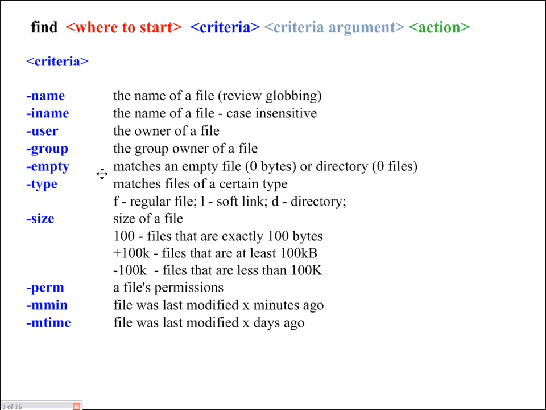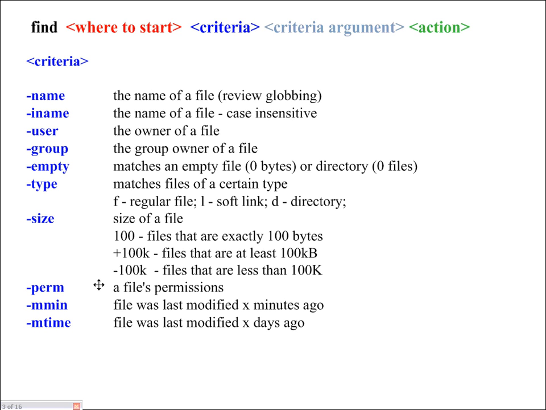Who's the group owner of the file? Is the file empty or directory? Because a lot of these are going to work on directories. All of them work on directories. The type: is it a file? Is it a link? Is it a directory? It'll also do c and b for character and block devices. The size of a file. Find all great big files. Find all little bitty files.